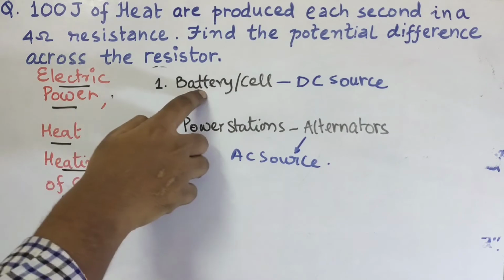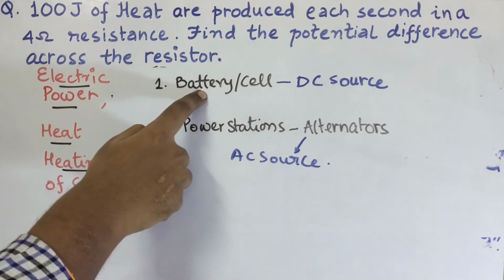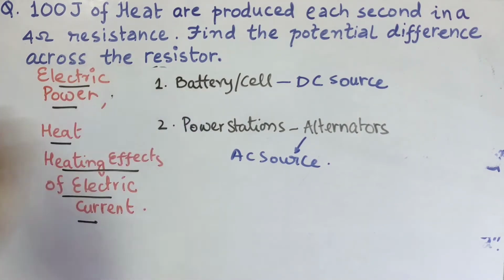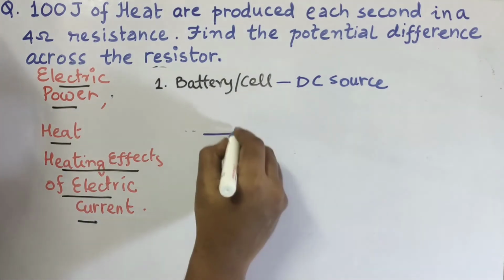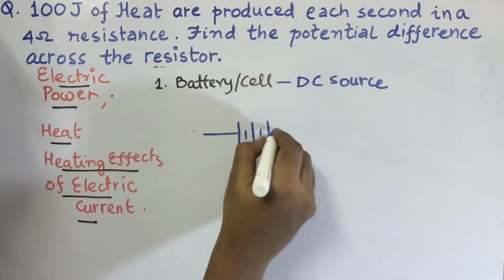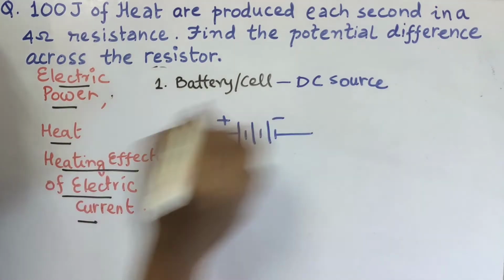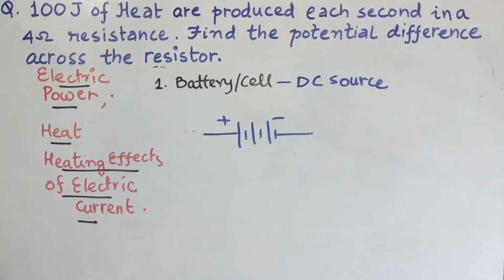So let me take an example and make you understand the concept with the help of a battery. A battery has 2 terminals, and this is the symbol of a battery: one side plus, the other side minus. I have a small battery with me.